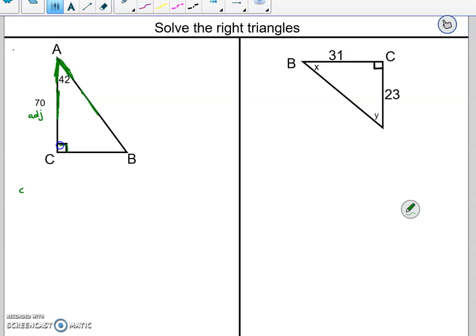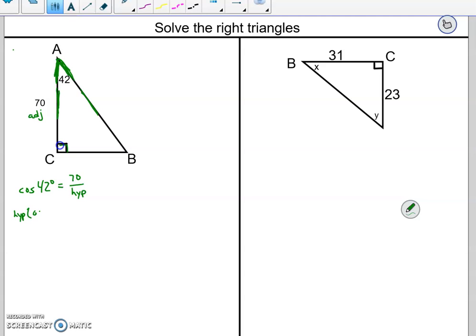So the initial equation I would want to set up would be that the cosine of that 42-degree angle is adjacent over hypotenuse, so adjacent 70, and hypotenuse I'll just call HYP because that's the value I'm looking to find. Okay, and that the hypotenuse there is really my variable. So I'd multiply both sides by the hypotenuse to get it out of the denominator.